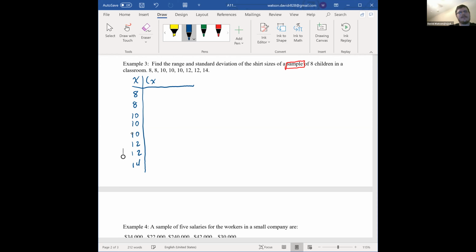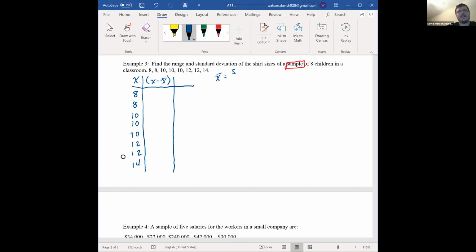The next one's going to be x minus x bar. All right, so this x minus x bar is really similar to the x minus mu. X bar is still just the mean, but it's the sample mean this time, so it has a different letter. So if we want to figure out what x bar is, again, we just add up all of the numbers, divide by how many there are.